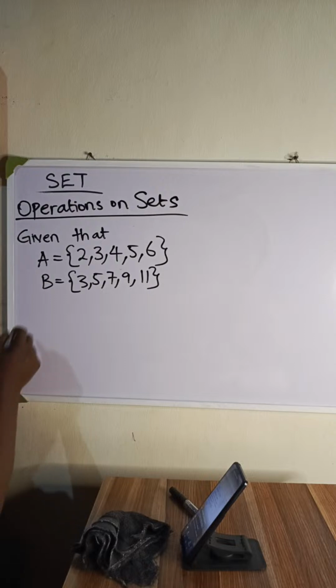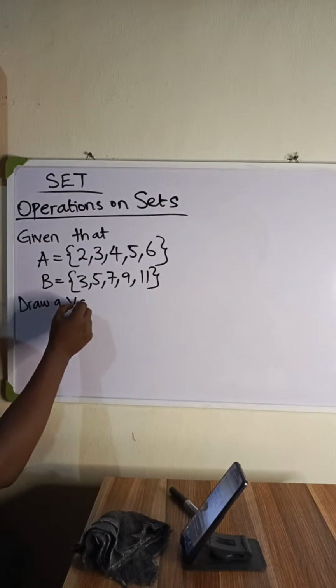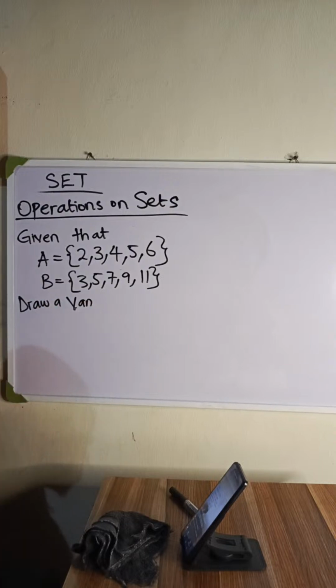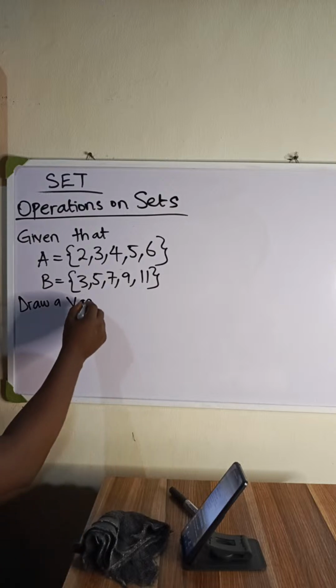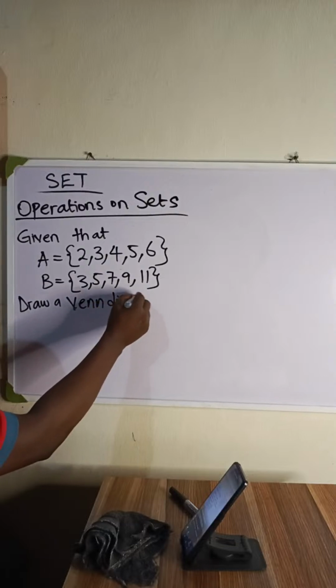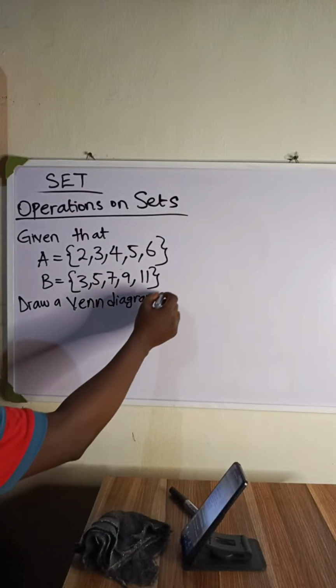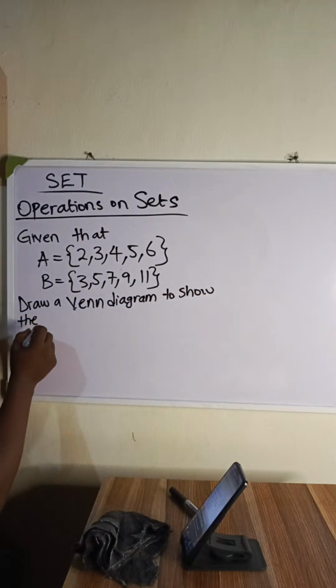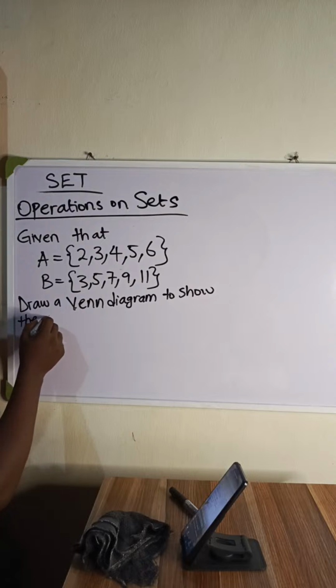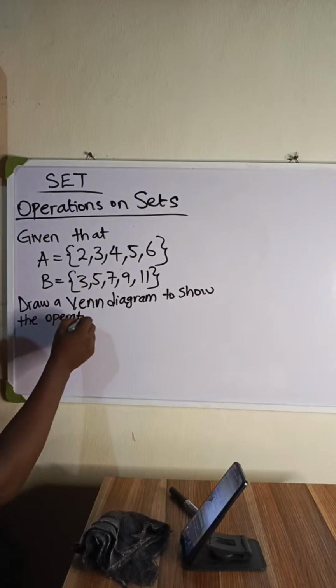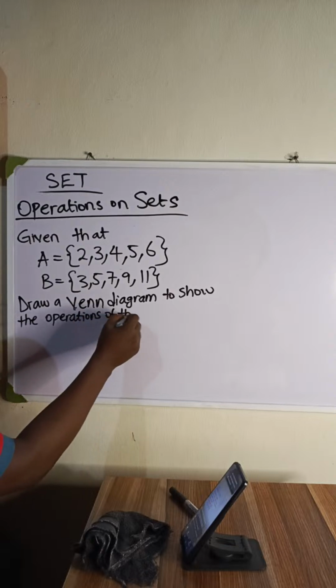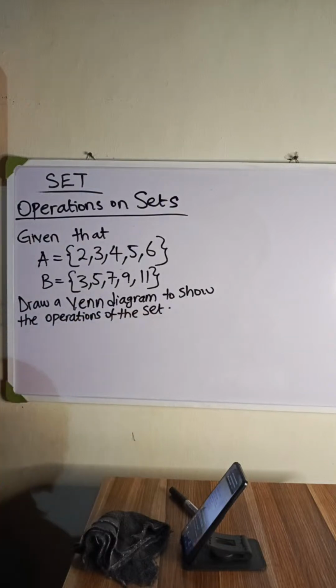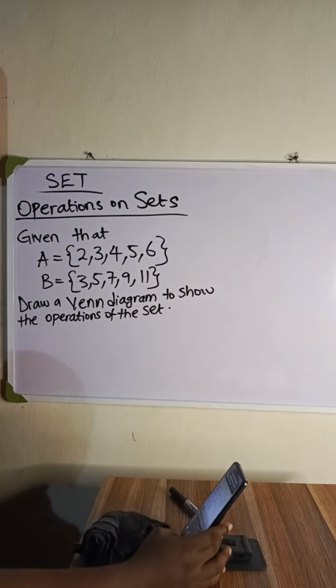We're expected to draw a Venn diagram. Okay, so let's draw a Venn diagram to show the operations of the set.